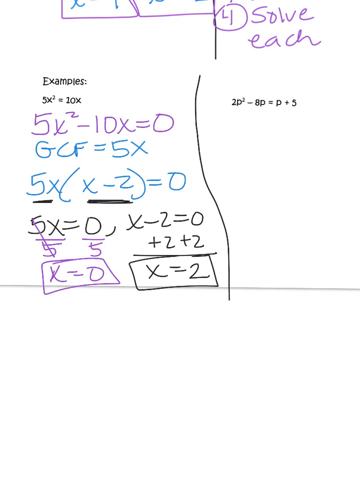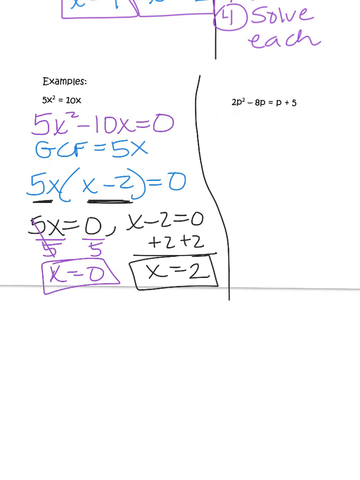Alright, let's try this last one on this page. So I've got to rearrange some things. So I'm going to leave the 2p squared, and I'm going to bring over the p, and I'm going to subtract over the 5. So let me just fix that a little bit.